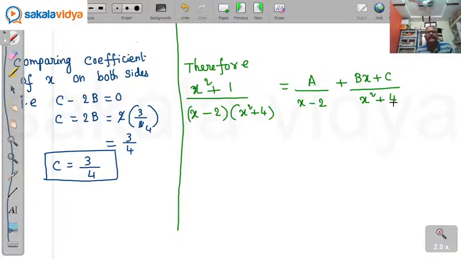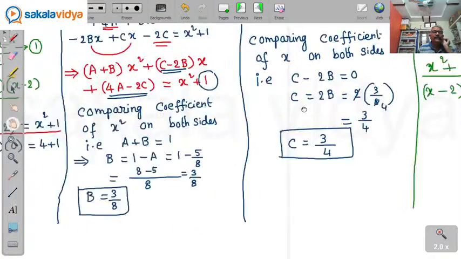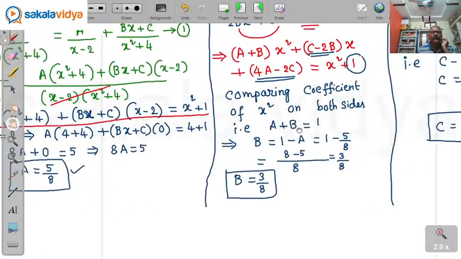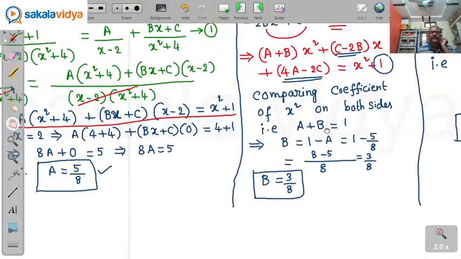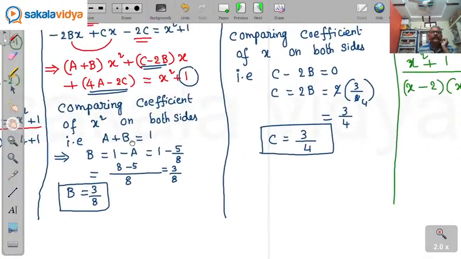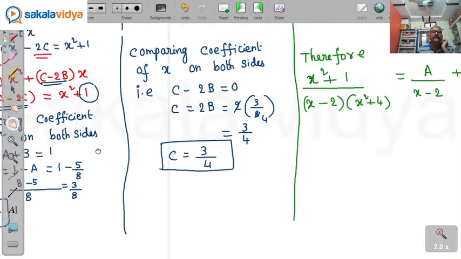Let us substitute the respective values here. See, a is equal to 5 by 8, b is equal to 3 by 8.